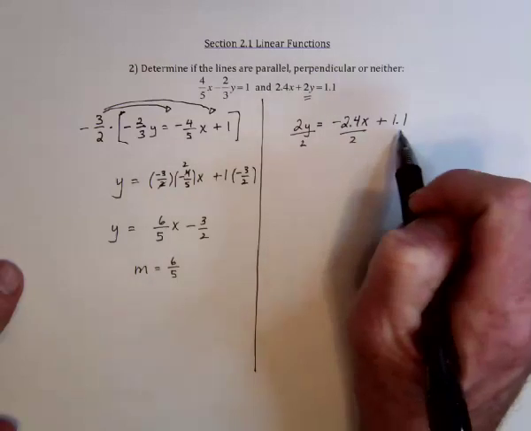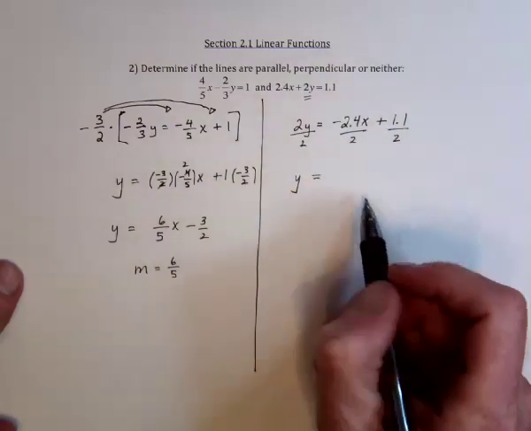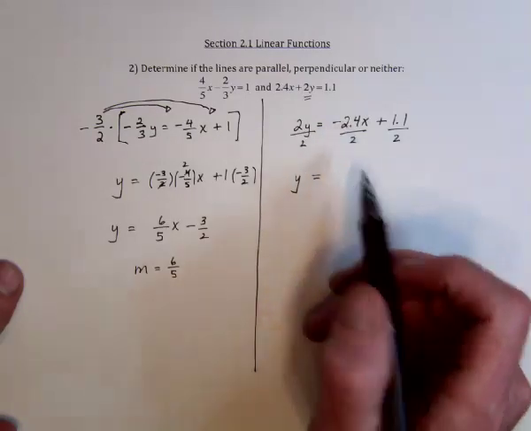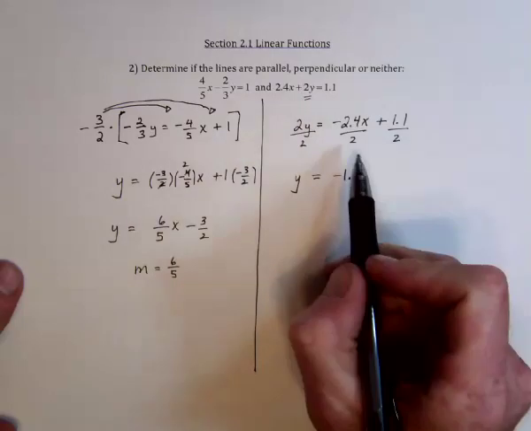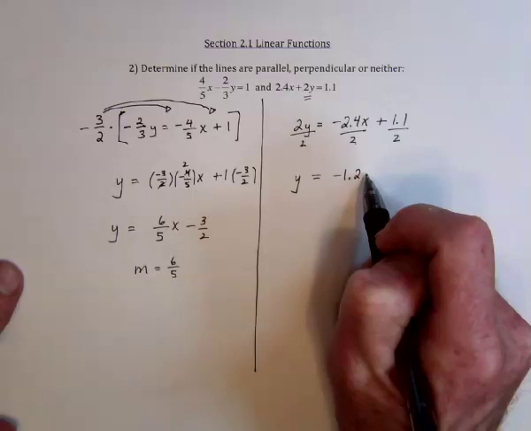Divide all terms by 2, and we've got y equals, well, we've got a 2 will divide into a 2 one time, and a 2 will divide into a 4 two times, so we're left with -1.2x.